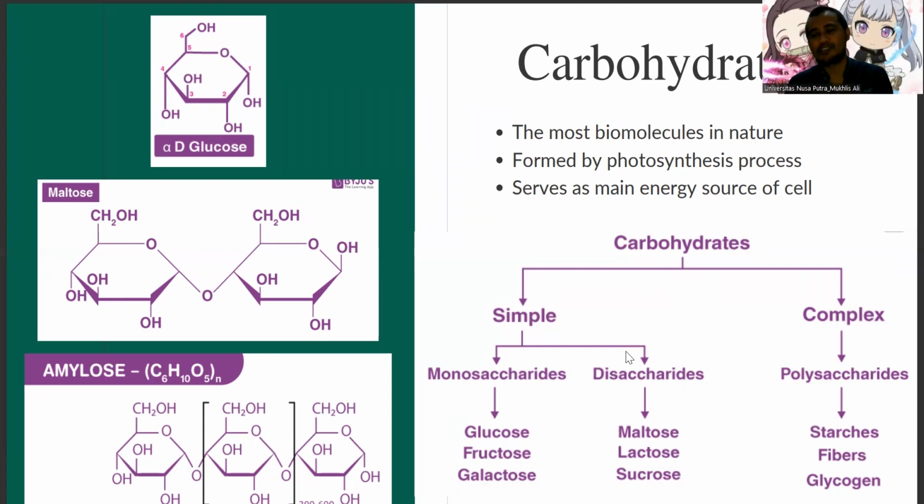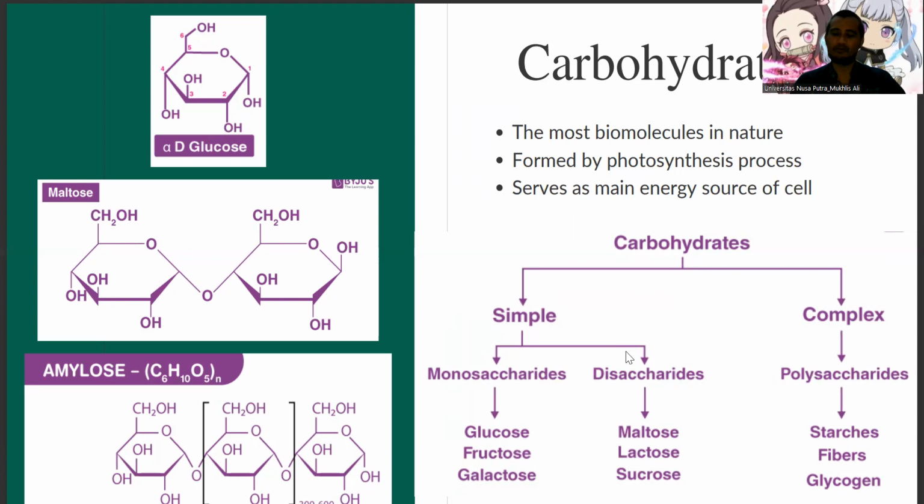Monosaccharides we mostly find as glucose, fructose, and galactose, like in sugar. Disaccharides we find as maltose, lactose, and sucrose, like in milk. And the last one, polysaccharides, we find as starch, fibers, or glycogen.